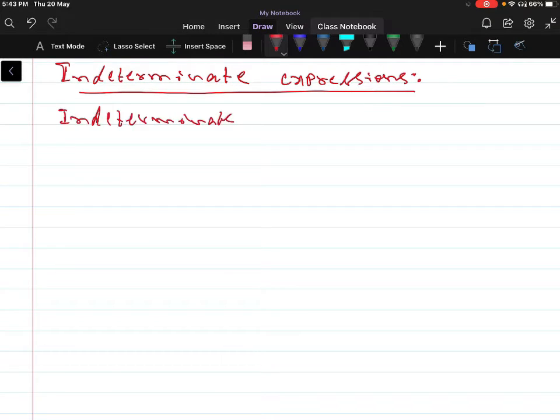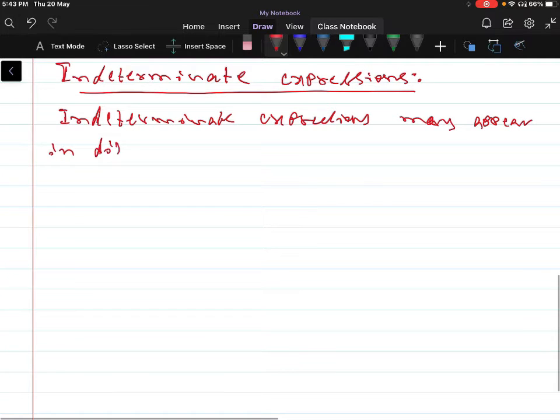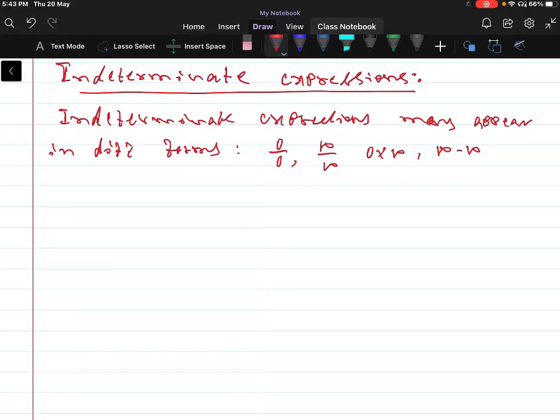Indeterminate expressions may appear in different forms, that is 0 by 0 form, infinity by infinity form, 0 into infinity form, infinity minus infinity form, 0 to the power of 0 form, infinity to the power of 0 form, and 1 power infinity form.